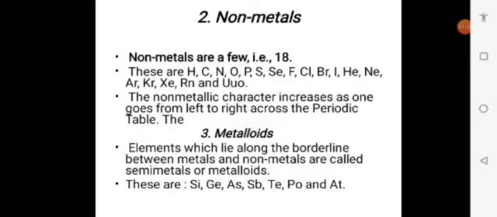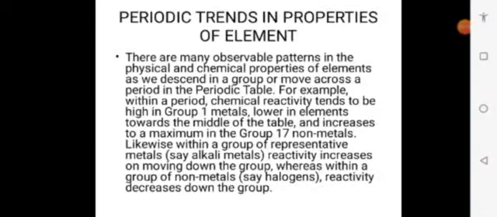The third point is metalloids. First, we describe the metalloid. Those elements which act as a metal as well as a non-metal are considered metalloids. These are some, such as silicon, germanium, and arsenic.